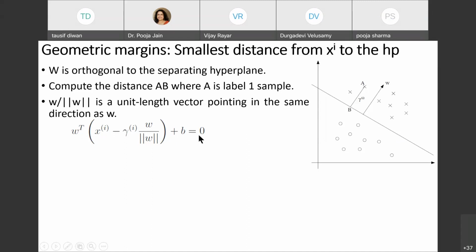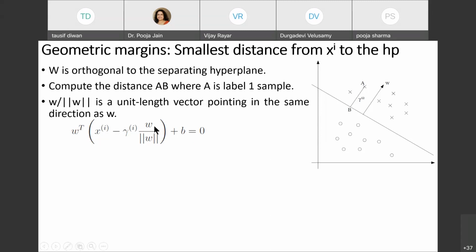Which distance are we interested in? Finally, we are interested in calculating this distance gamma i. Just solve this equation and you should be able to calculate this gamma i. How will you calculate? W transpose is first multiplied by this xi. Then W transpose is multiplied by this W, so it becomes W squared.